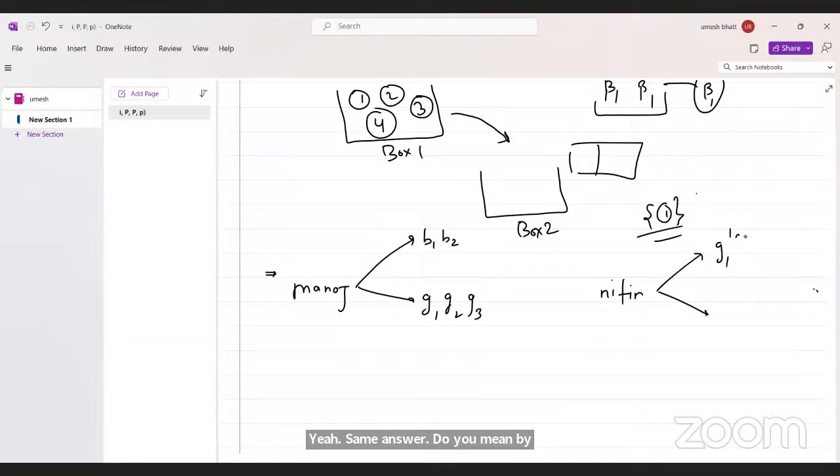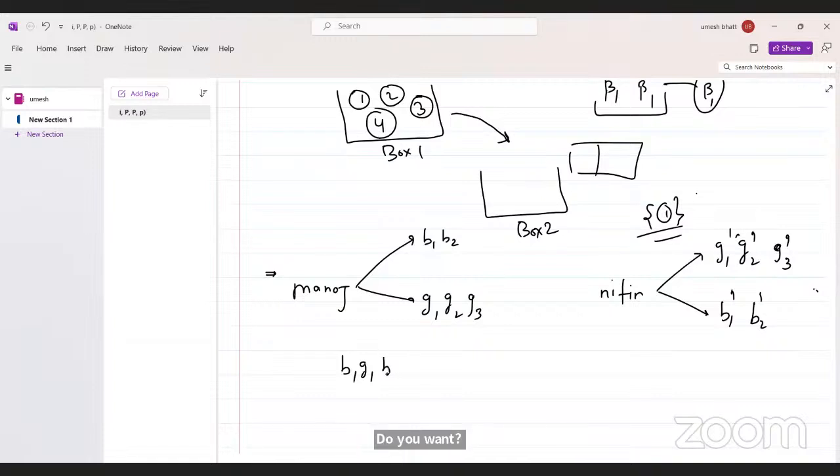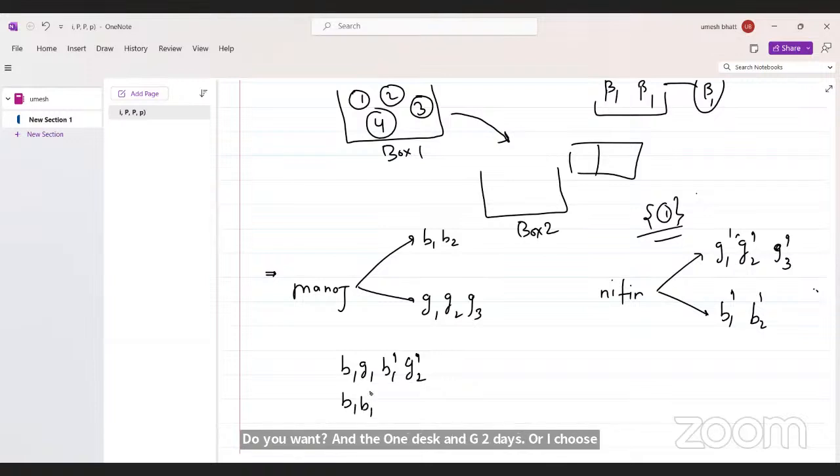G1 dash G2 dash, G3 dash, similarly B1 dash B2 dash. So if I choose B1 dash and G1 dash, G2 dash, or I choose B1 dash, G1 G2 dash, both are the same, right?